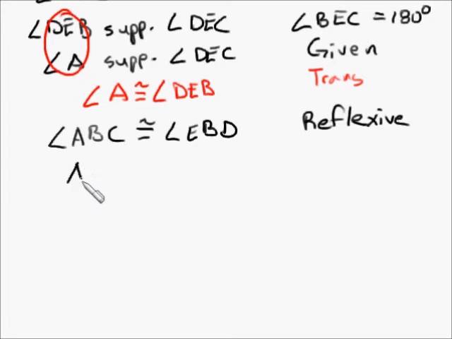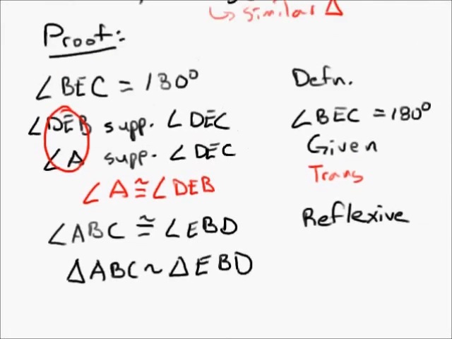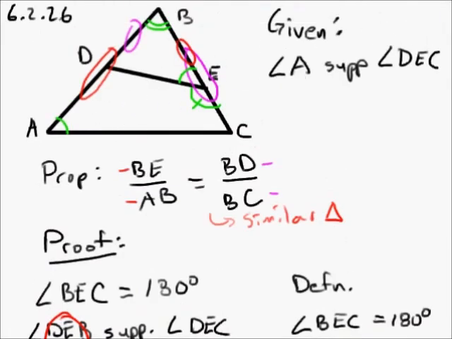So that gets us triangle ABC is similar to triangle EBD. Super, super, super important here is the order. Remember, which two angles did we have congruent? We had A, and we had this angle E here congruent.